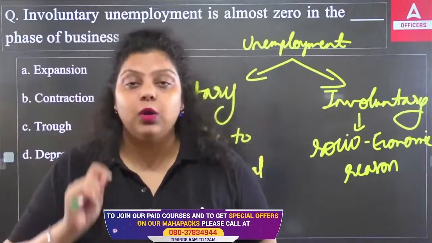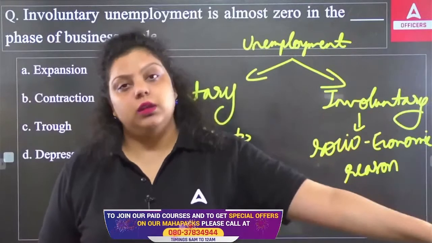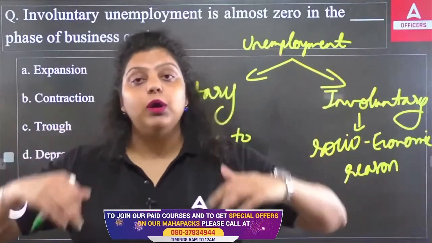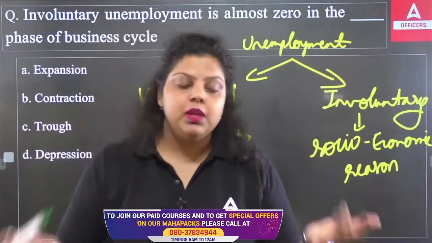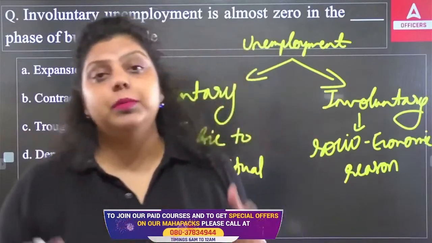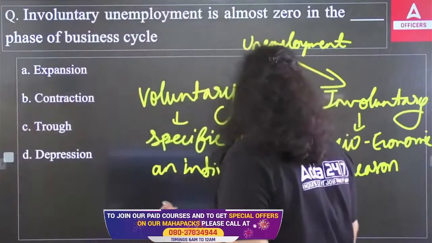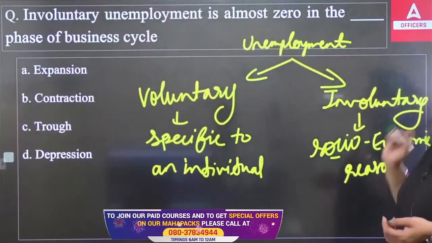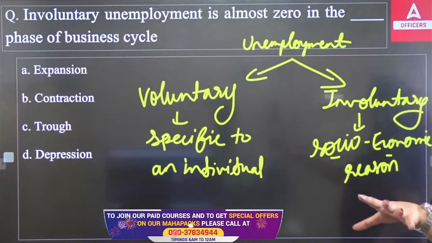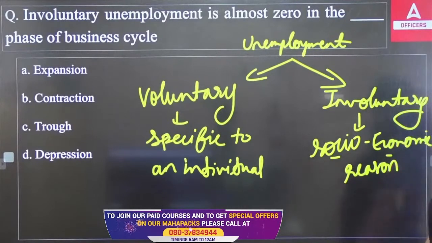The reason is that there is a recession in the economy, a depression, a crisis in the economy. I want to do a job but there are no jobs available because of political instability, because of the crisis, because of the recession, because of the depression. Any reason can be there. That is socio and economic. Any social reason, any economic reason is the reason why I am unemployed. That is known as involuntary unemployment.